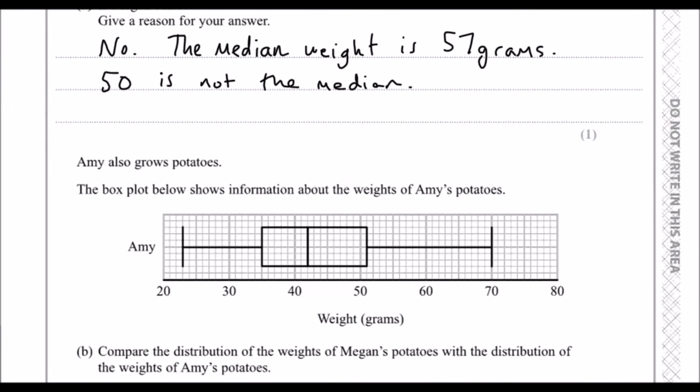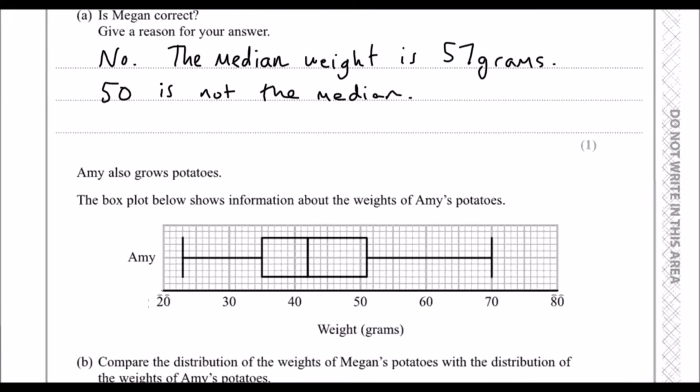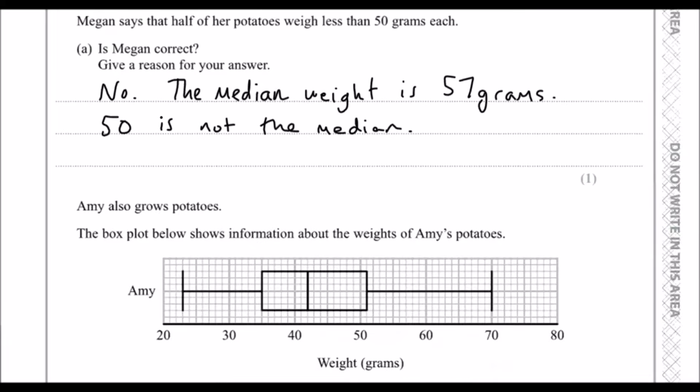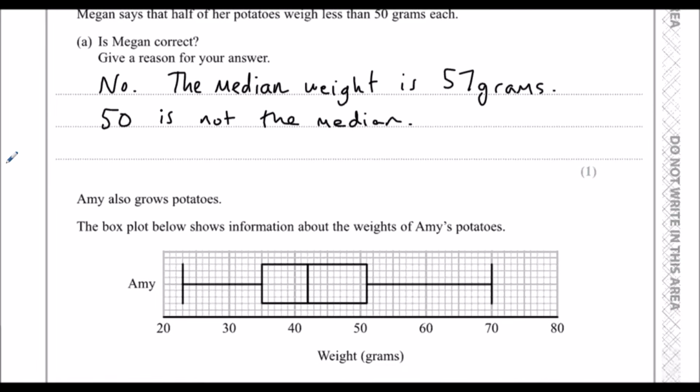Amy also grows potatoes, and we've got a box plot giving information about the weights of Amy's potatoes, and we're going to need to compare these distributions. So we're comparing Amy's potatoes to Megan's potatoes. So we're going to compare a measure of average, which is the median. So Megan's was 57, Amy's is at 42.